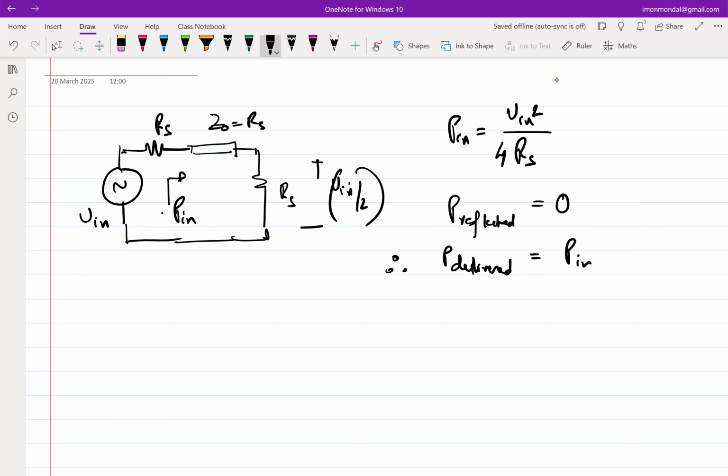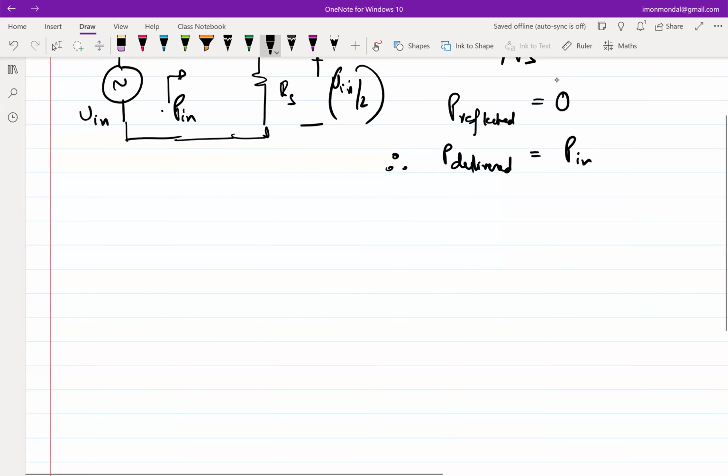Okay. So why am I expressing this in this form? It will become clear if I replace the load with some other load which is not equal to RS. Okay, so let's do that.